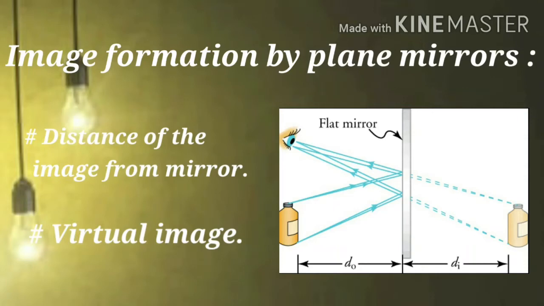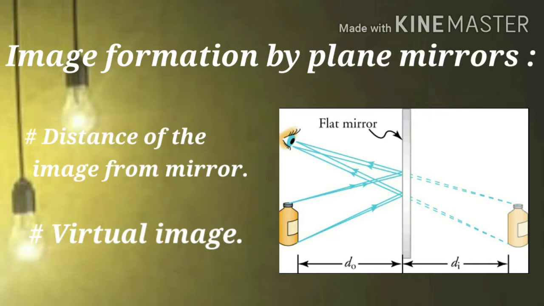You can see in the diagram also, the image of the bottle which is kept in front of the mirror is behind the mirror, and the distance between the bottle and the mirror is taken as D1, and the same distance D1 is there between the mirror and the image.